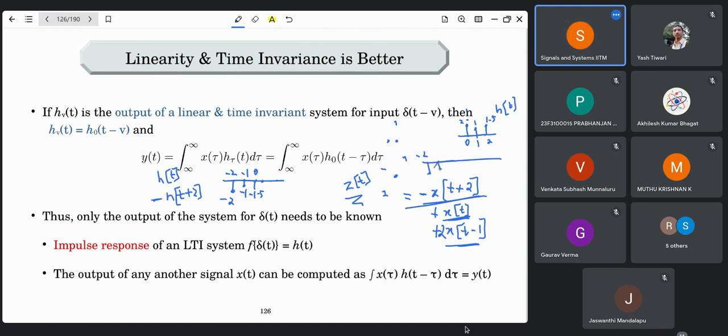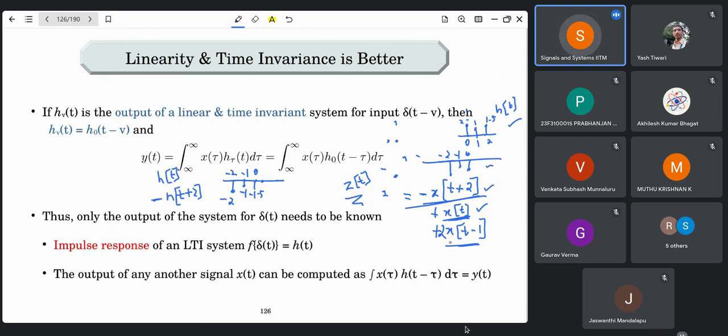Now you have the output for x of t, which is this. You have the output for x of t plus 2, which is this.